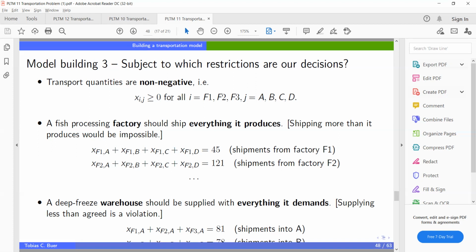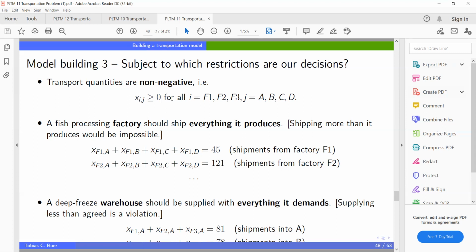Yeah, the mathematical model has no idea about the real world. So we as managers, we as professionals need to instruct the model how it should work. The computer or the model cannot do this for us. We have to tell the model that negative transport quantities are stupid.